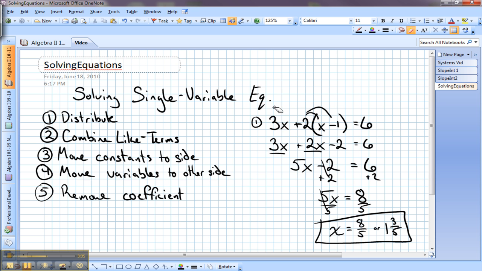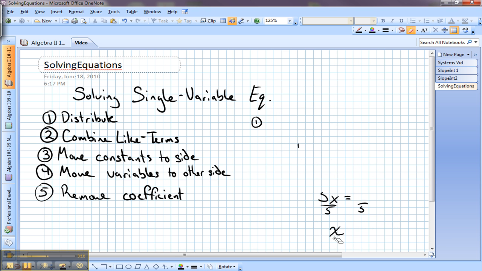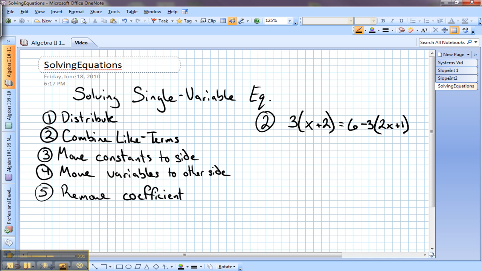Let's look at another example. Let's look at the equation 3 times the quantity x plus 2 equals 6 minus 3 times the quantity 2x plus 1.